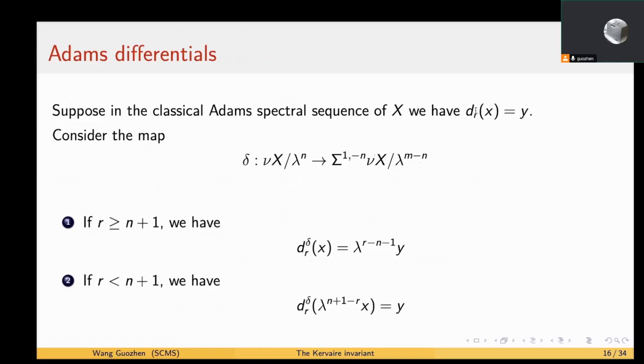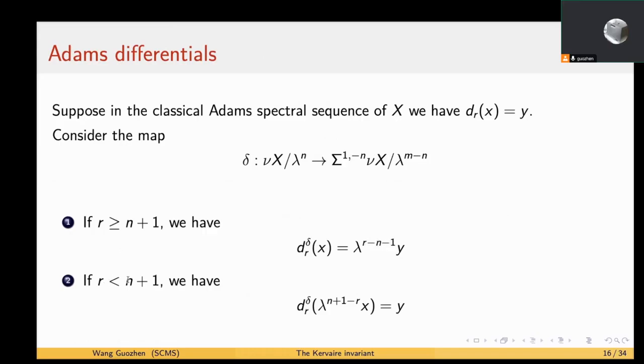Suppose we have a d_r differential from x to y in the classical Adams spectral sequence. Then, if r is greater than or equal to n plus 1, then we have a delta extension from x to lambda to the r minus n minus 1 multiple of y.